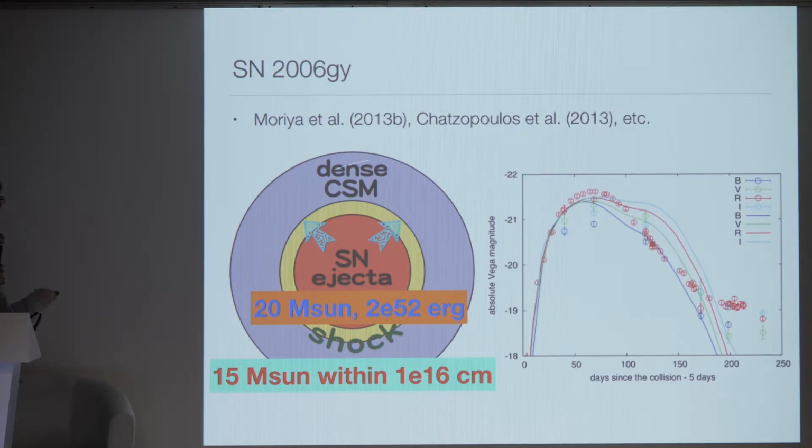This dense circumstellar matter is opaque, and we need to model it numerically. We really need extremely large circumstellar matter, and the mass loss rate of the progenitor should have been close to even 1 solar mass per year or so. So this mass loss rate should be extremely high.